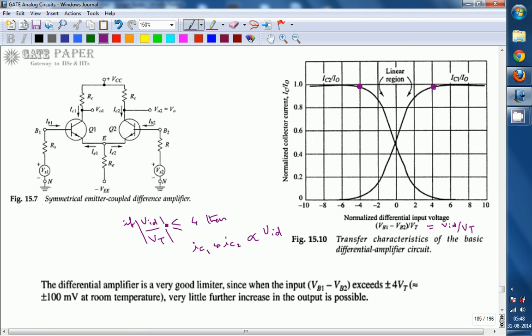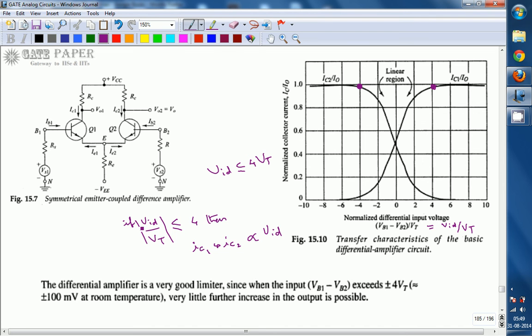So only for this portion VID is less than or equal to 4 times VT. Under this limitation, collector currents vary linearly with the input difference voltage, so that the output is linearly related to the input voltage.